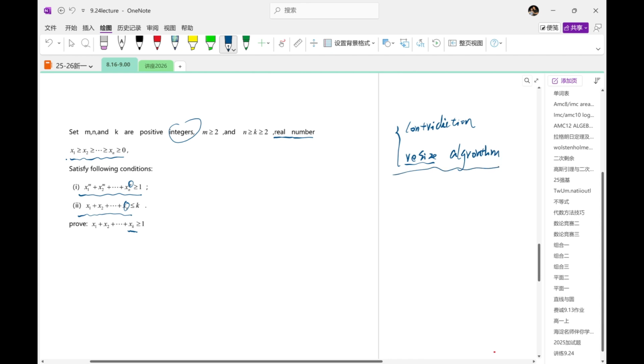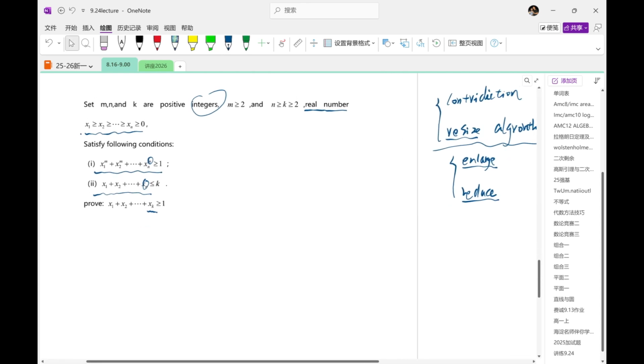It means sometimes we enlarge the number, and sometimes we reduce the number. Now this question wants us to prove this is greater than or equal to 1. So first we use contradiction.